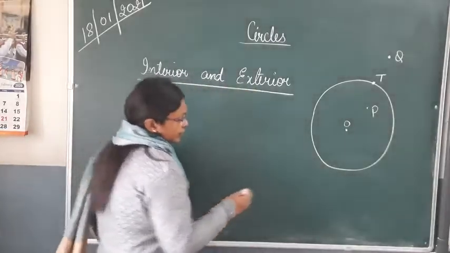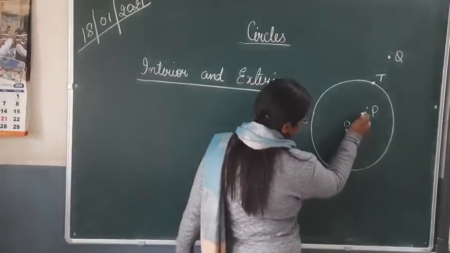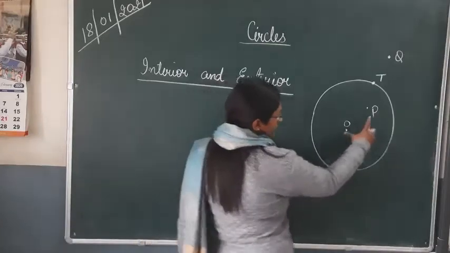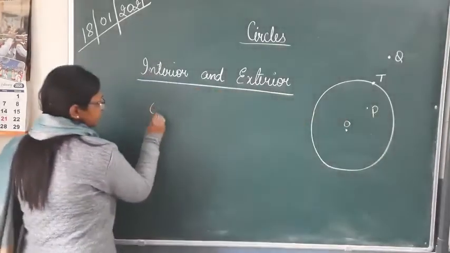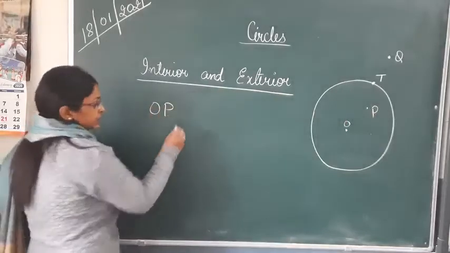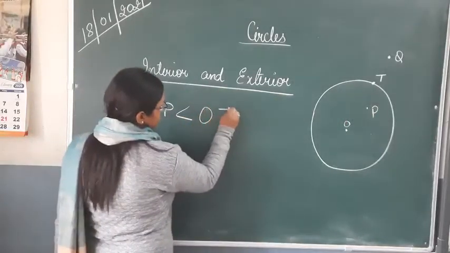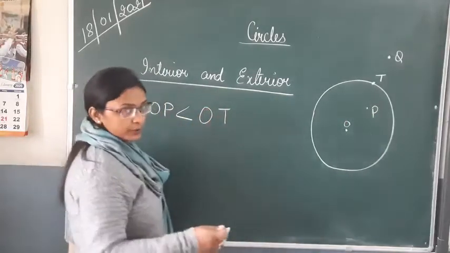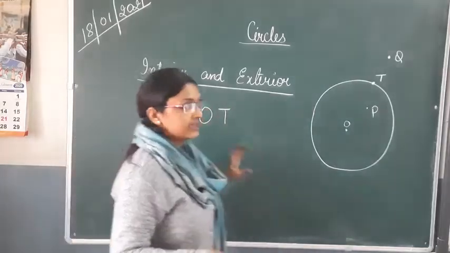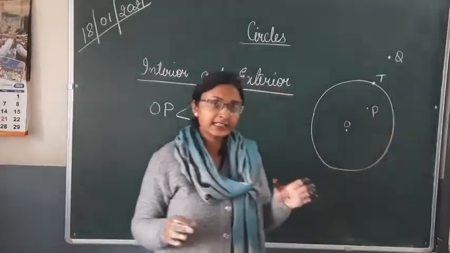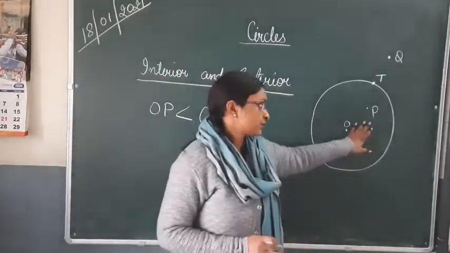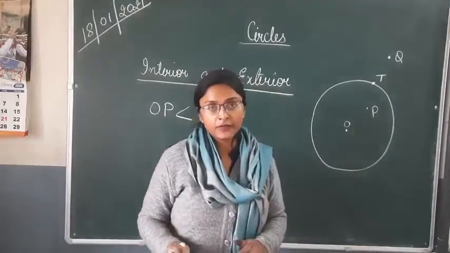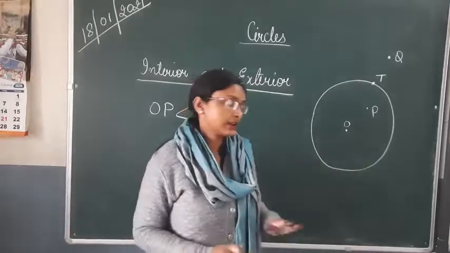If there is a point P such that the length of OP is less than OT, that is, OT is greater than OP, then this point P lies inside of the circle, and that means this point P is an interior point of the circle.